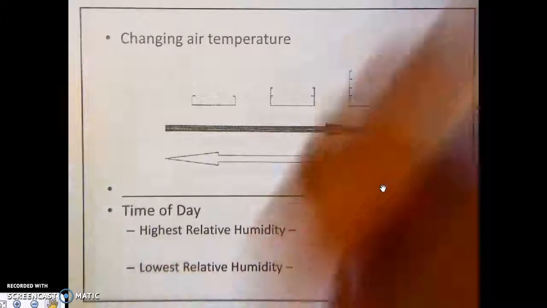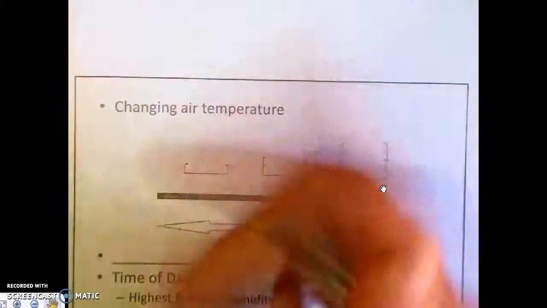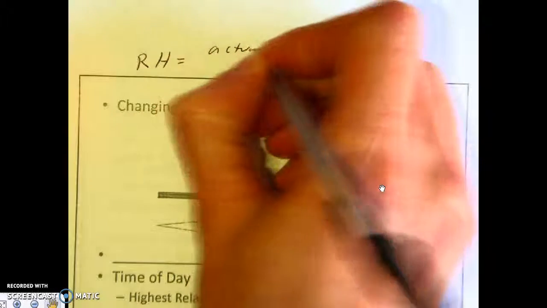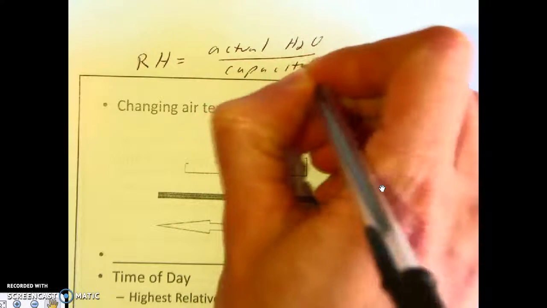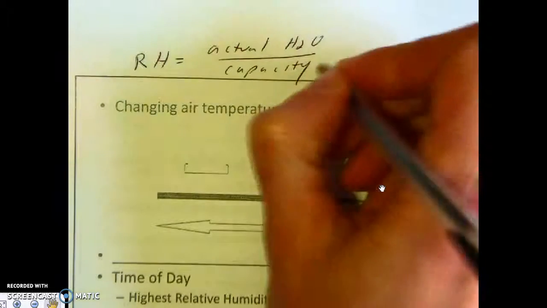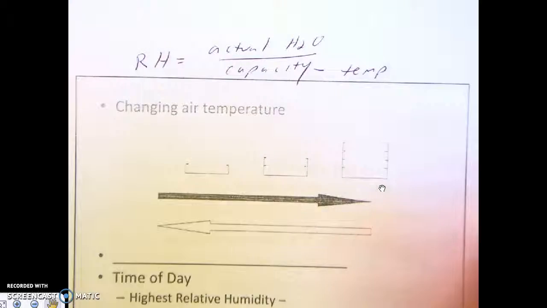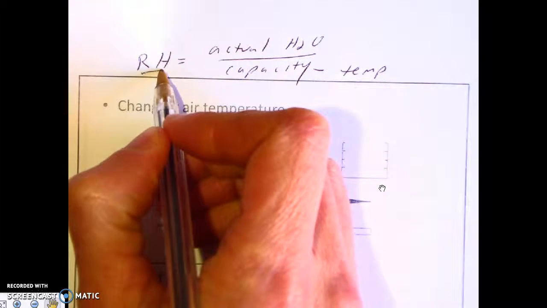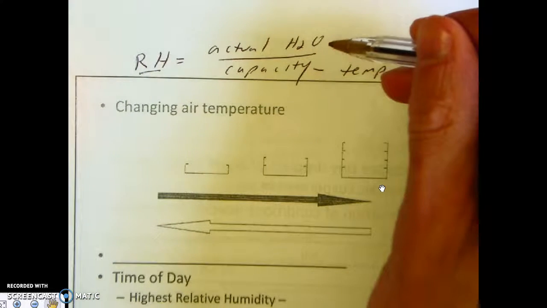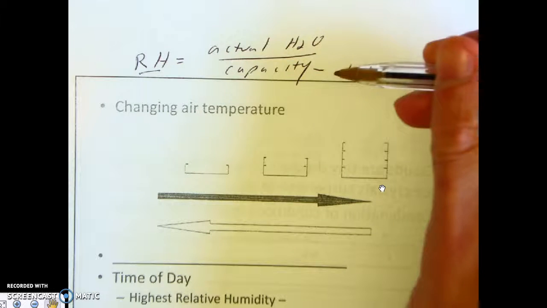And if we take a look at this, let me, up at the top, write our little formula again. So we'll say relative humidity is equal to the actual amount of water, actual H2O, divided by the capacity. Well, this is essentially a fraction. And the denominator of this fraction is dependent on temperature, which means that our relative humidity could be changed by a changing amount of water, but it could also be changed by a changing temperature.